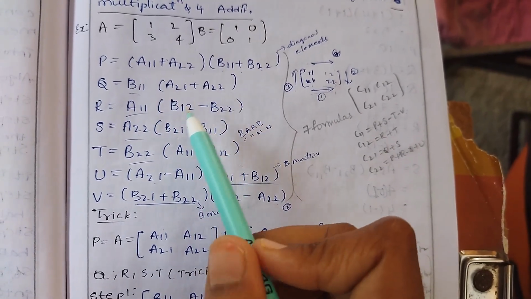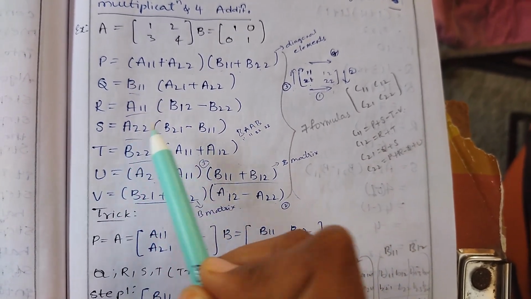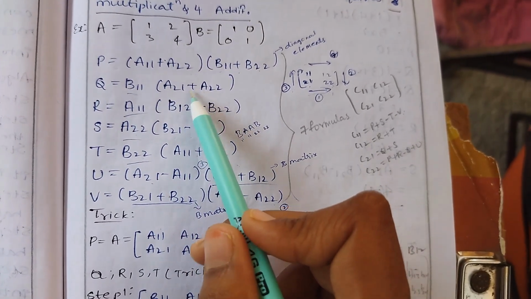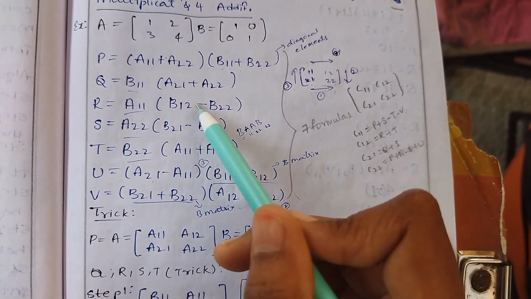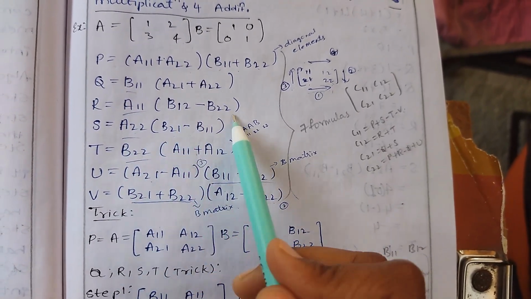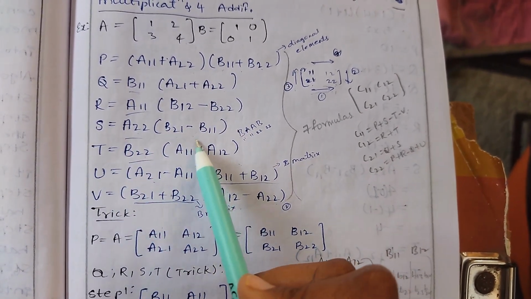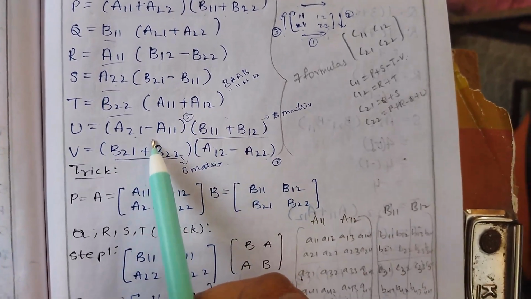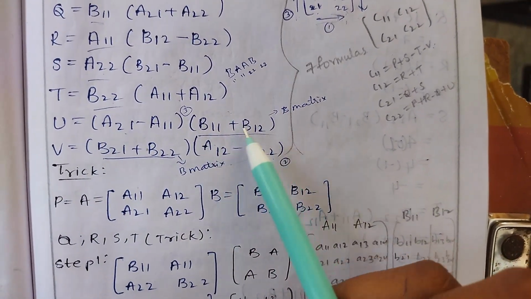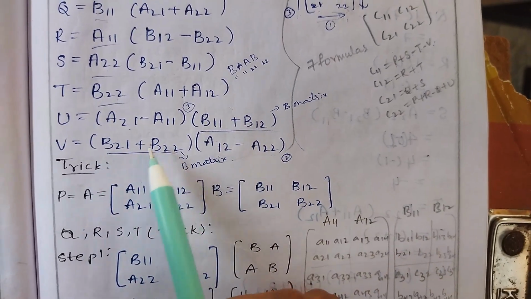Here A is introduced. For B, for A we need to keep brackets around the B elements. Here plus is taken, here we need to take minus. Here minus is taken, here we need to take plus. For A we need to take B elements in brackets. For B we need to take A elements in brackets. After this, write the B matrix: 11 and 12 adding, 21 and 22 adding.